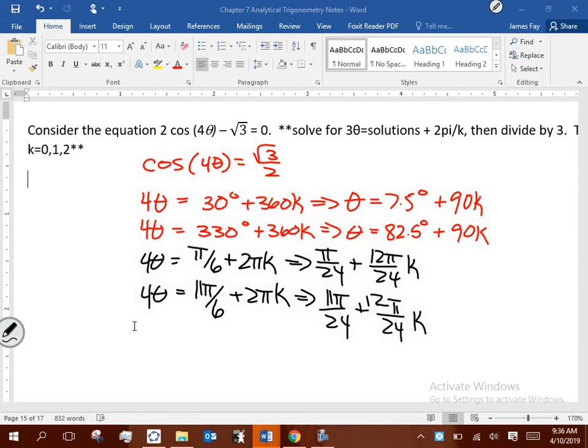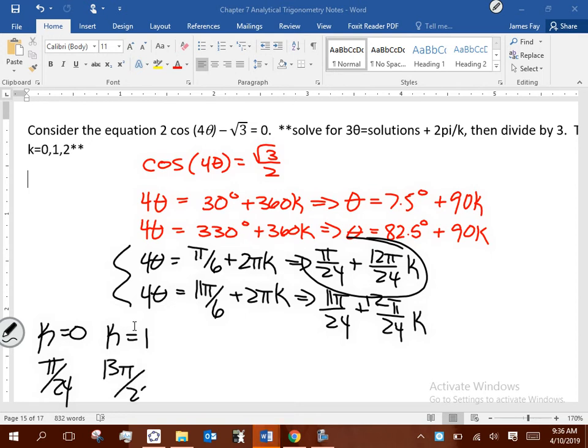But down here, okay, with this stuff here, if k is equal to 0, this first one right here is going to be just pi over 24, right? Okay. If k is equal to 1, it's 13 pi over 24. If k is equal to 2, it's going to be 25 pi over 24.